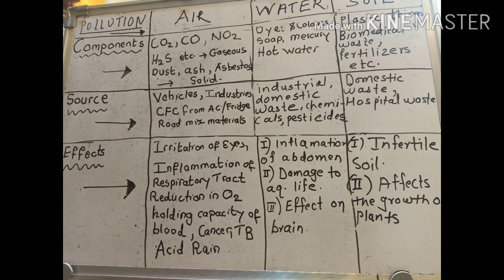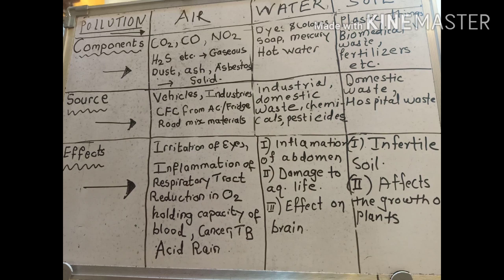Chlorofluorocarbons are basically used in air conditioners and refrigerators as coolants for cooling purposes, and the moment you switch it on, these are liberated into the atmosphere. The CFC is a major cause of depletion of the ozone layer. The hole over the Antarctica, what you call, is a hole in the ozone layer caused by CFC, chlorofluorocarbons.